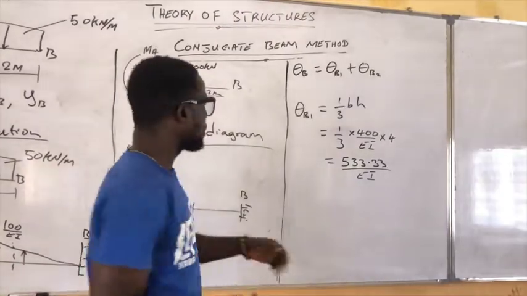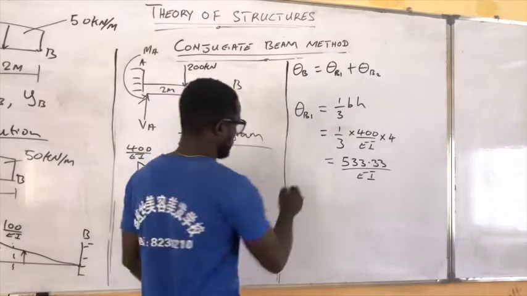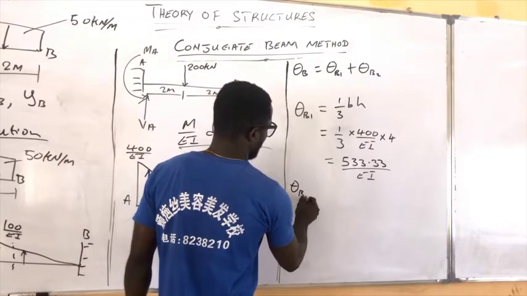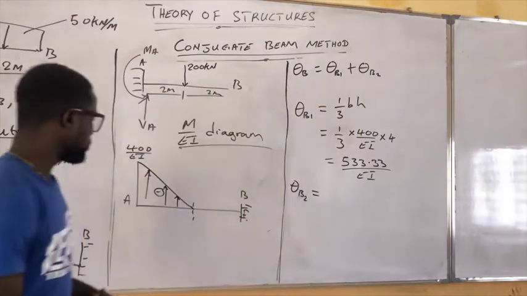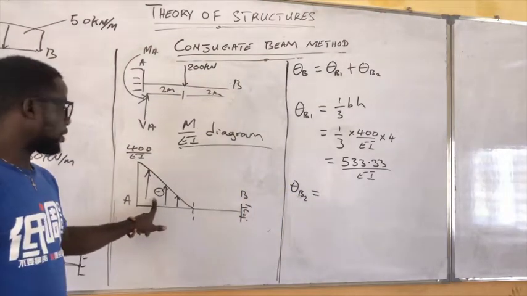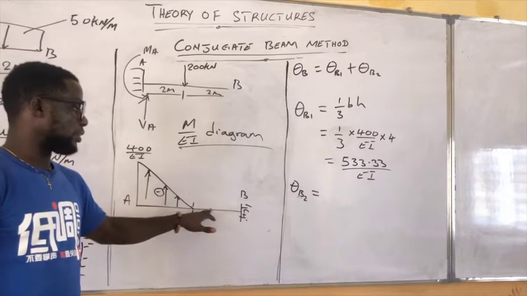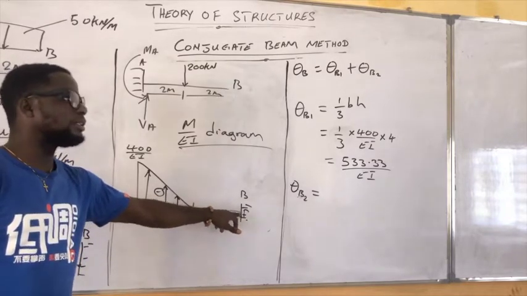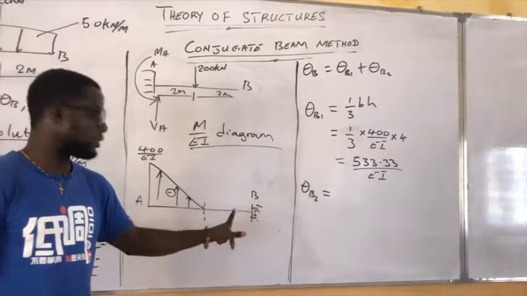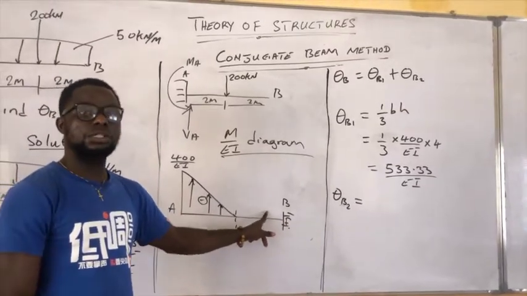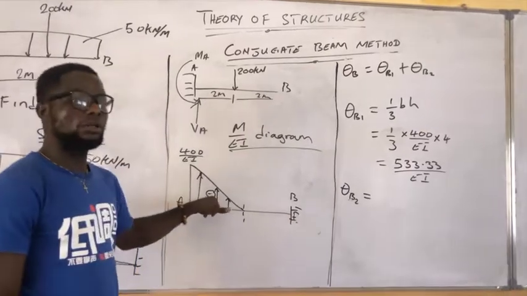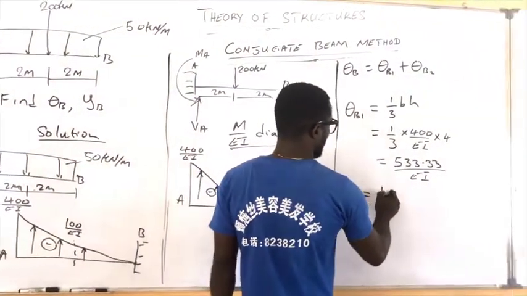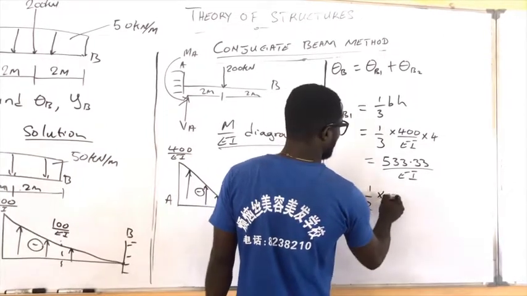The next is to get rotation B2, which will equal to the area of this shape. And remember that here we don't have any shape here. So the shear force at this point will be 0. So we are going to take only this point, and we'll have this of the triangle.